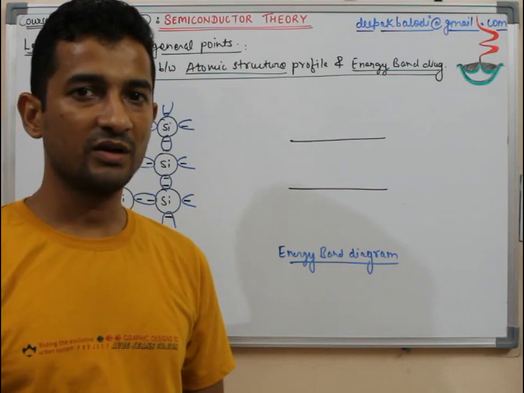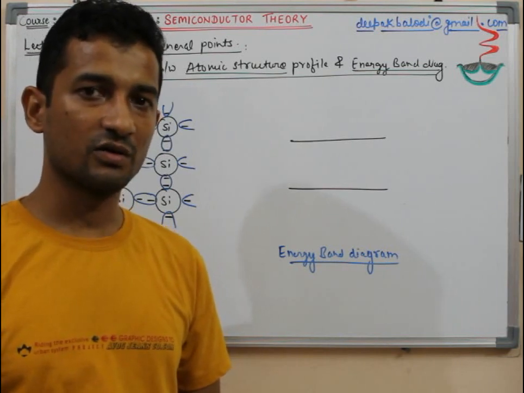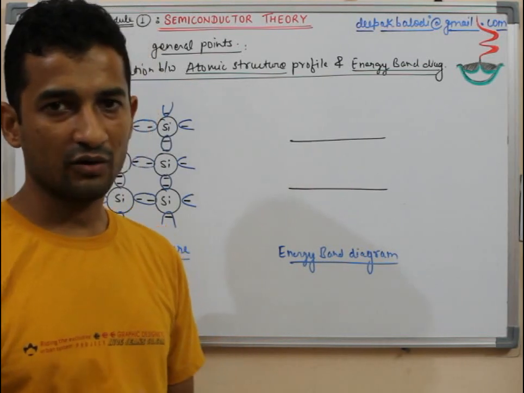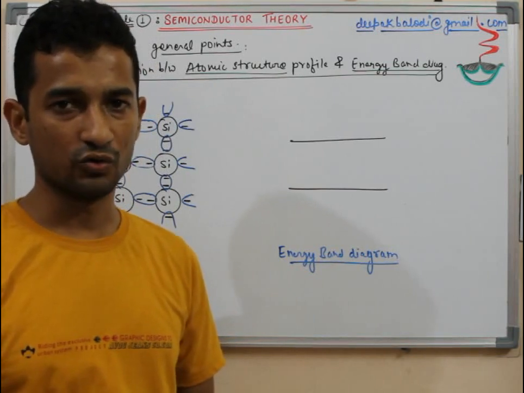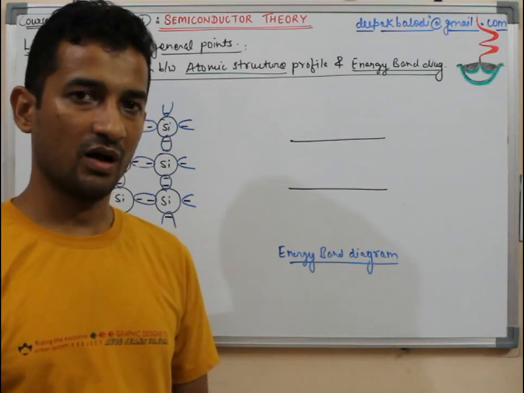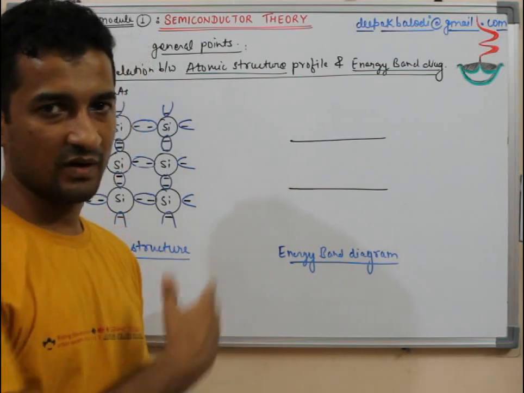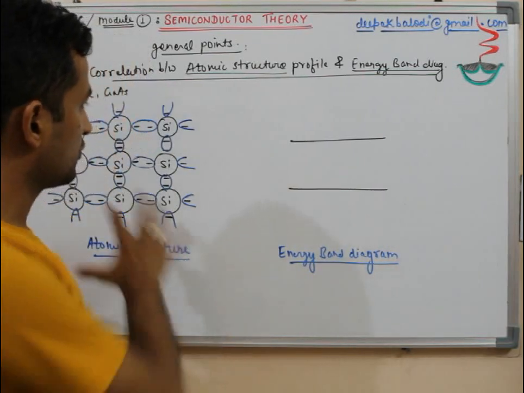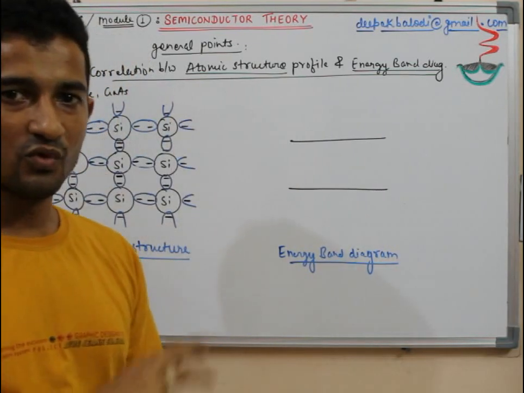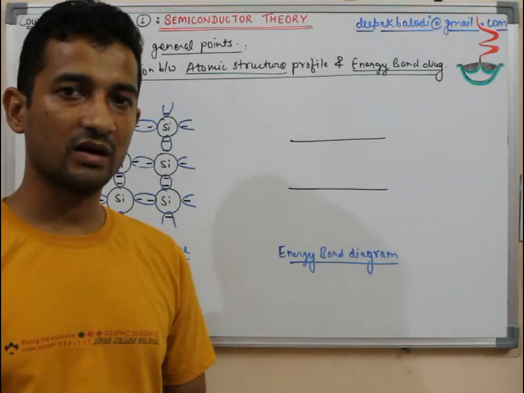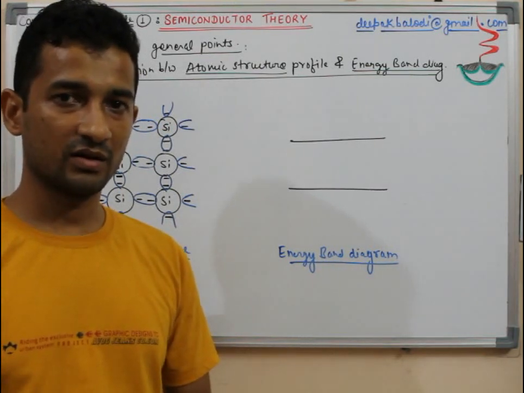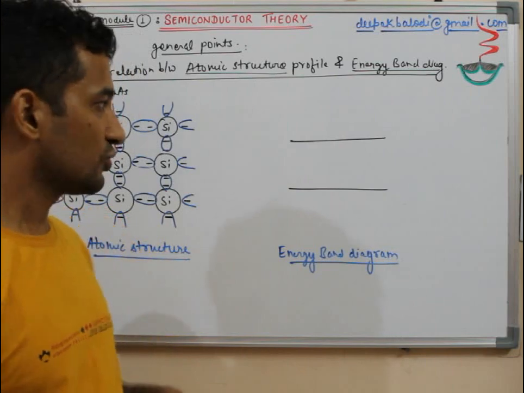There are basically two types of carriers which can contribute to conduction: the very well known electrons, and holes. A hole is a different concept than an electron, we'll see very soon. Electrons and holes can move within the material, and therefore they can conduct the electricity or current.